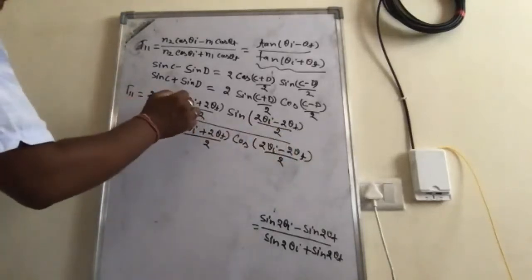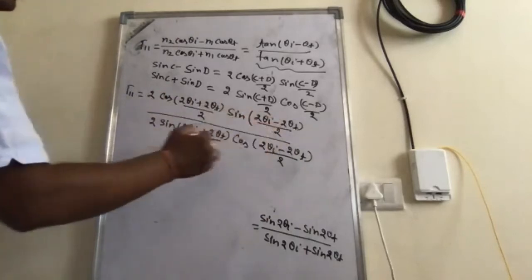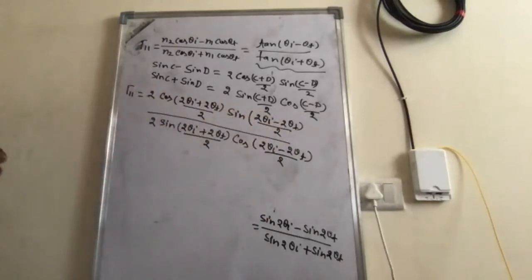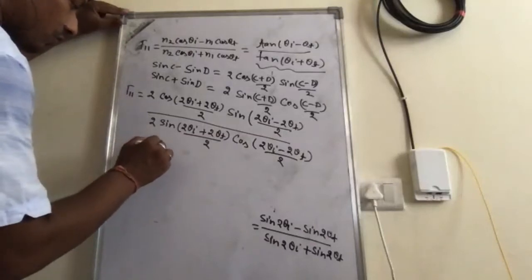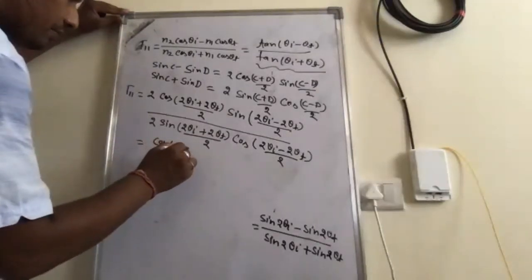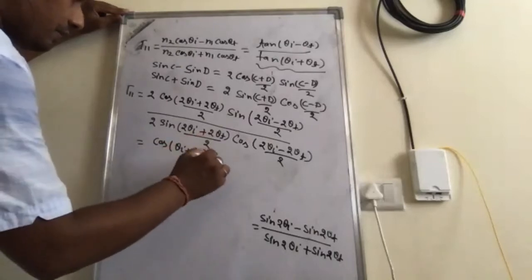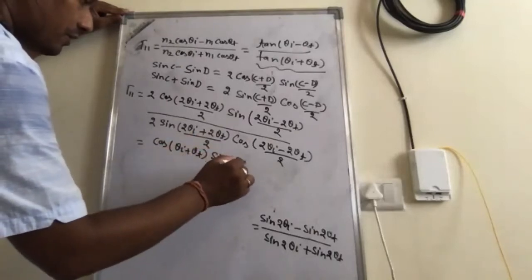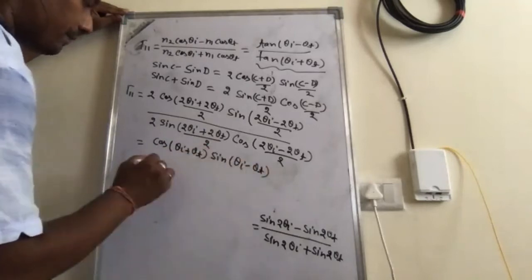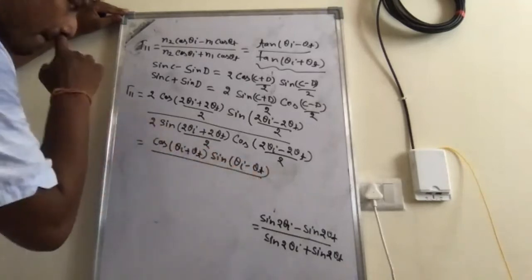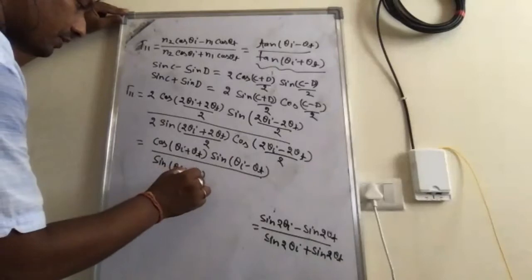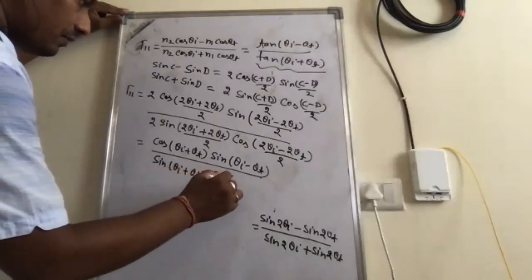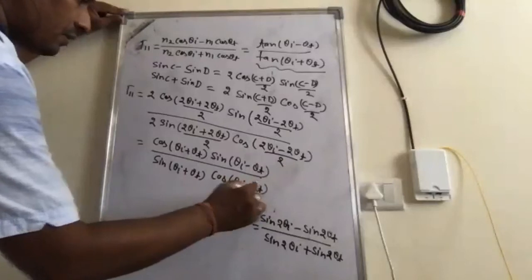So this 2 in the angle will cancel out, and this 2 will also be cancelled out from the numerator and the denominator. So finally we can write this is equal to cos of (theta I plus theta t) into sin of (theta I minus theta t), divided by sin of (theta I plus theta t) into cos of (theta I minus theta t).